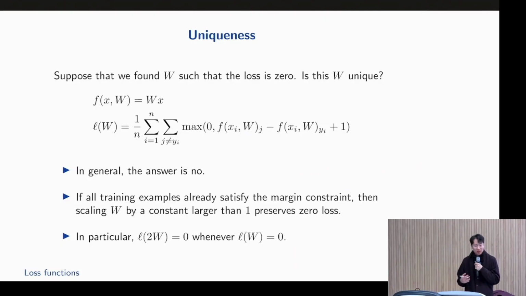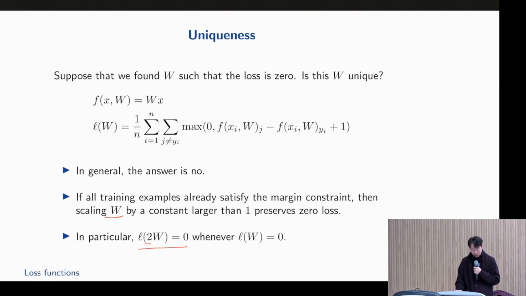If all examples satisfy the margin constraint, meaning the score for the ground truth class is at least 1 greater than the score for all other classes, then if you scale W by a constant, you're still going to have 0 loss. For example, if you multiply by 2, it's still going to be 0.